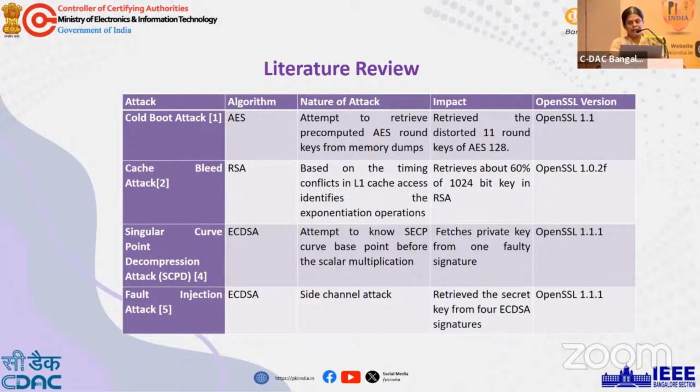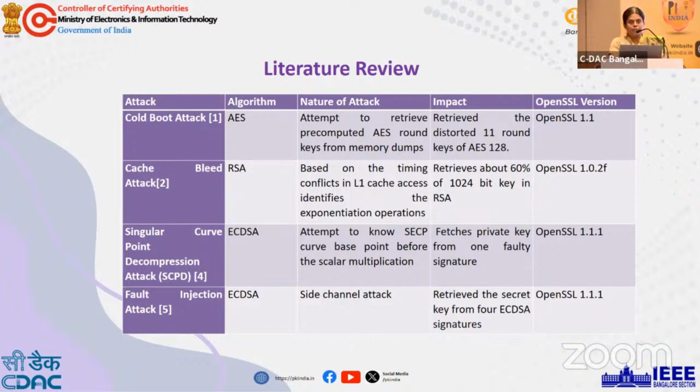The nature of the attack is to retrieve the pre-computed AES round keys from the memory dumps. It was successful in retrieving 11 disordered 128-bit AES round keys in OpenSSL version 1.1, and 60% were assembled to form proper round keys. The second is the RSA CacheBleed attack that happened on a 1024-bit RSA implementation of OpenSSL version 1.0.2f.